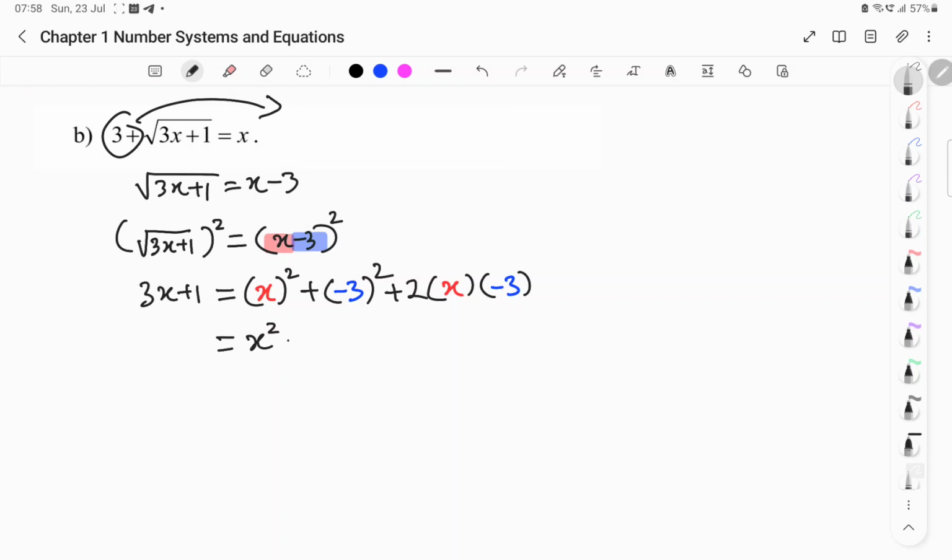X squared plus 9 minus 6x. Okay, and then we already solved this, and then we bring 3x plus 1 over here to get minus 3x minus 1. So this one equals 0.